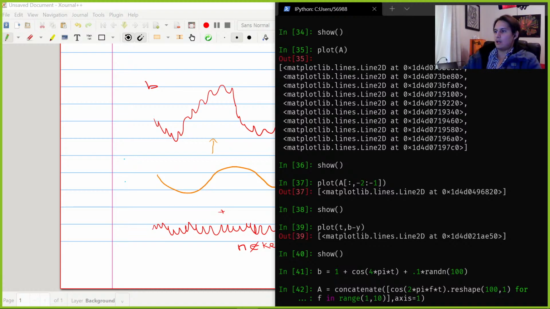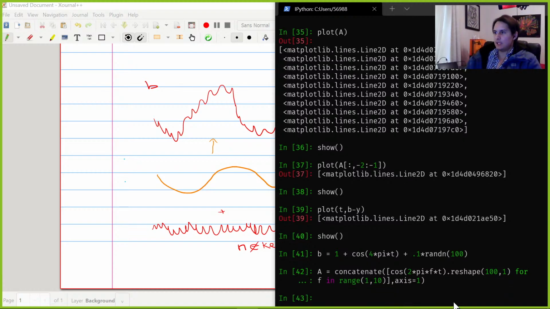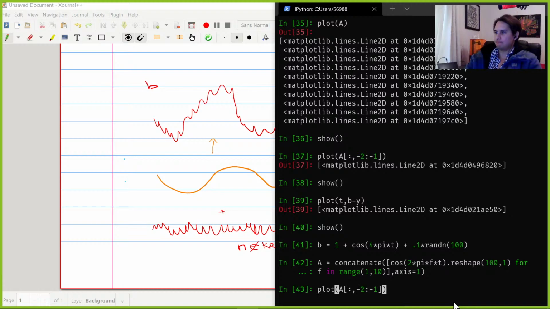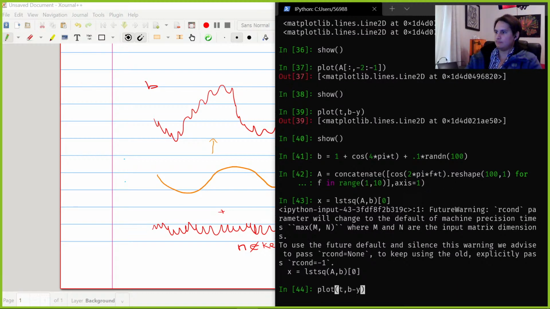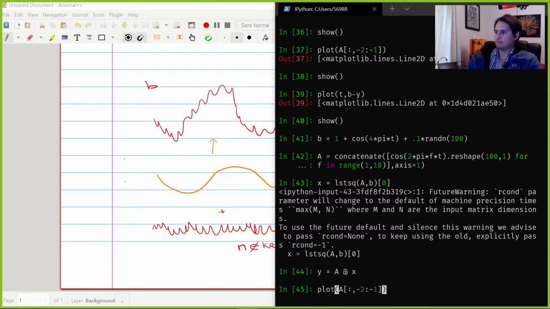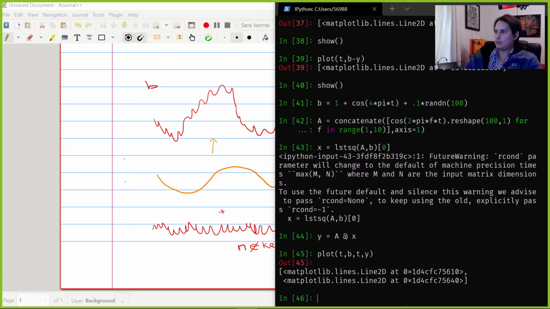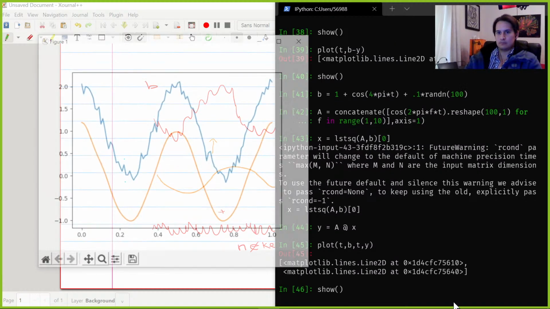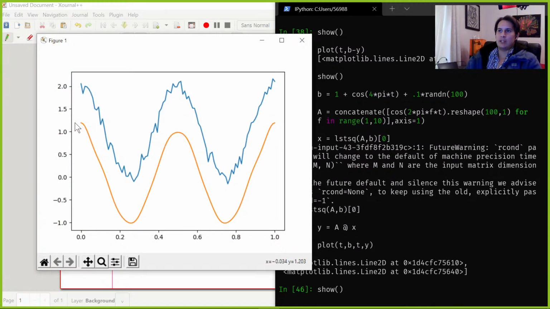I'm on purpose deleting the frequency 0, and I do the same problem, the least squares problem, and then plot this. You can see that my denoised signal is basically the same as this one, but it has an offset.